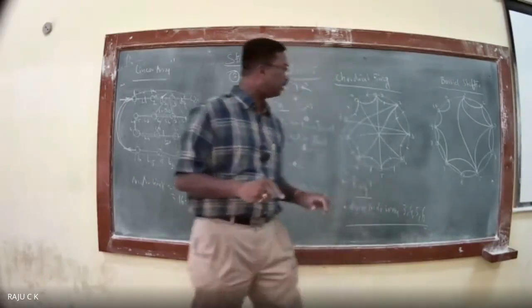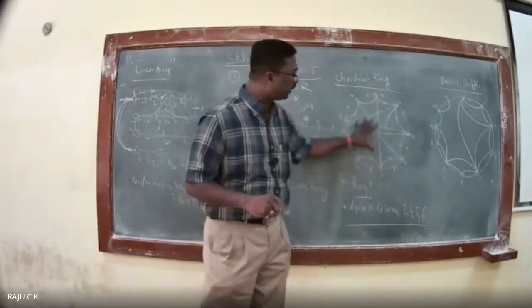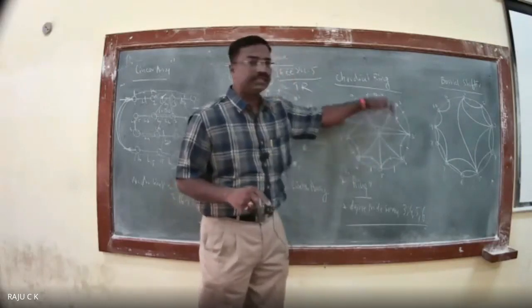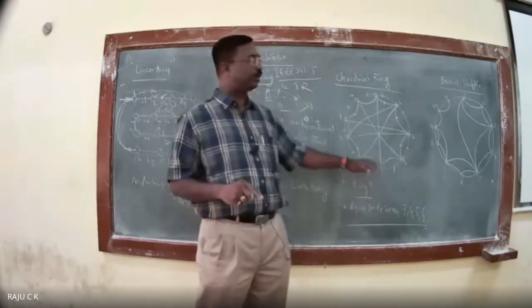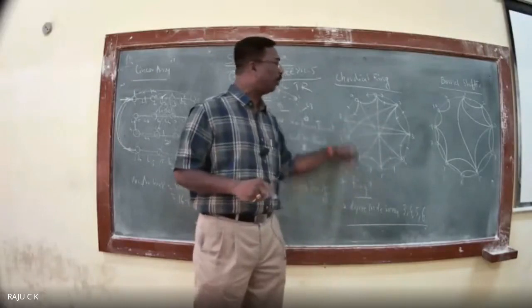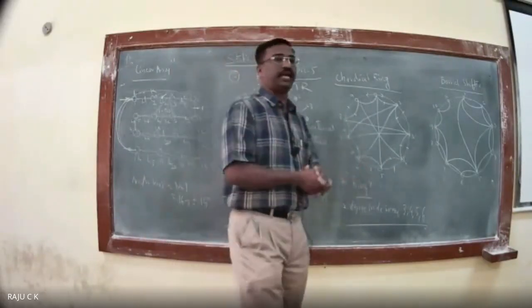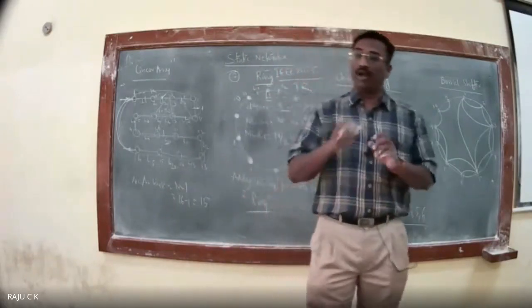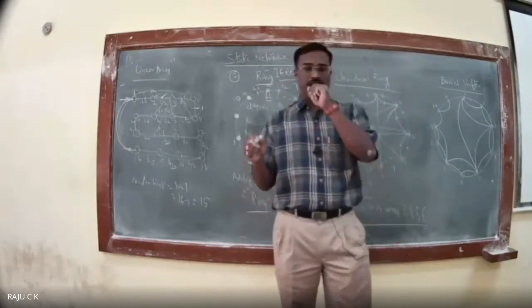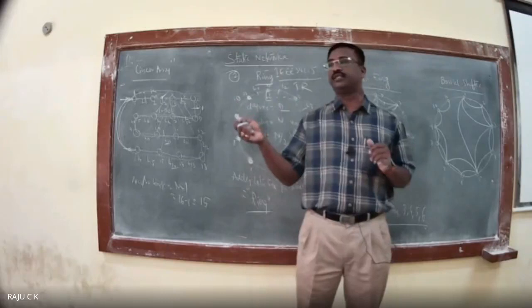So what happens with the number of chordal links? The network diameter comes down. When there are too many paths, among the paths we must take the shortest path.